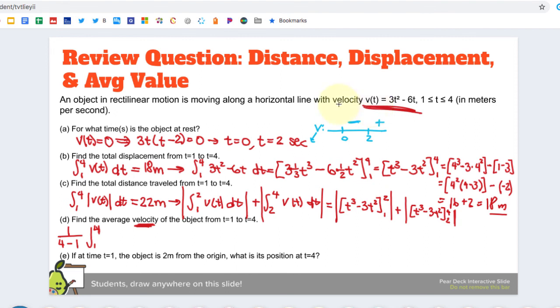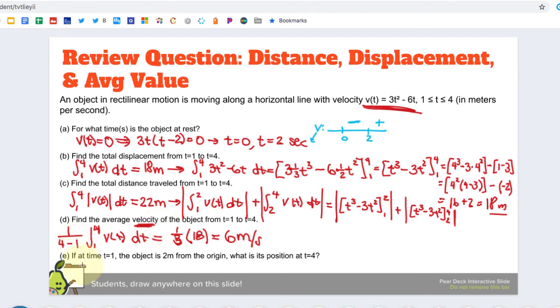If they were giving you position, then average velocity would just be a slope, but they're giving you velocity. So don't go finding another antiderivative because we already solved this question up here, right? So now we're just going to do 1/3 of 18, which is 6. And our units, the integral is meters, but then we're dividing by seconds. So it's going to be meters per second. And you know average velocity anyway is measured in meters per second.